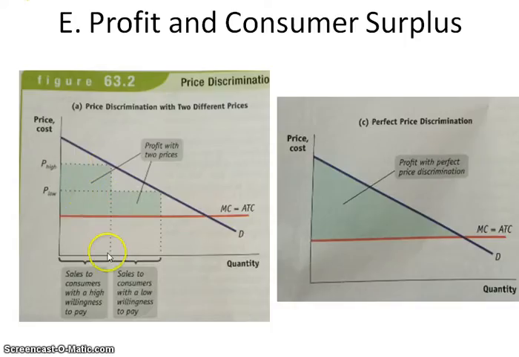And so if you have a quantity of one that's sold at this higher price of $12, so you would have a total revenue of $12 plus another one that's sold at $10, so that would be $22, minus your ATC of 5 times 2, which is 10, 22 minus 10, you're going to have an economic profit of 12.